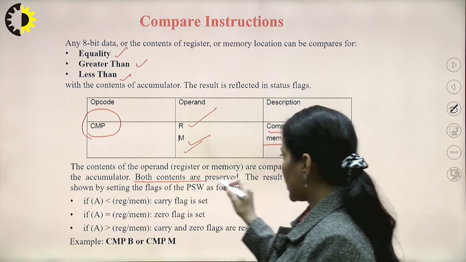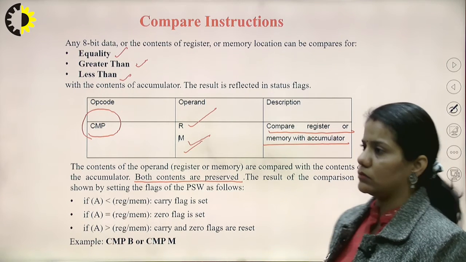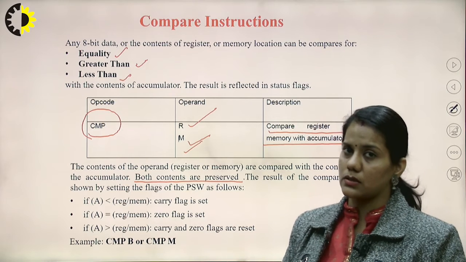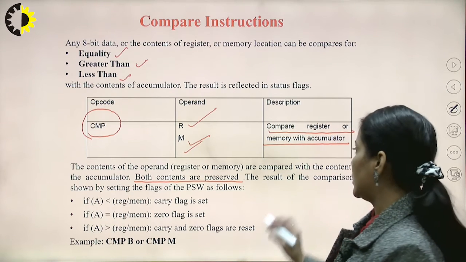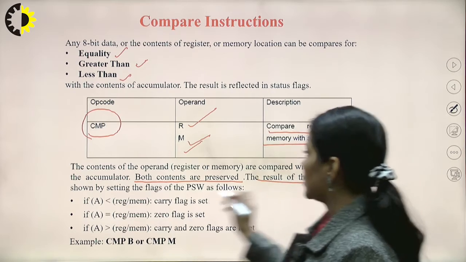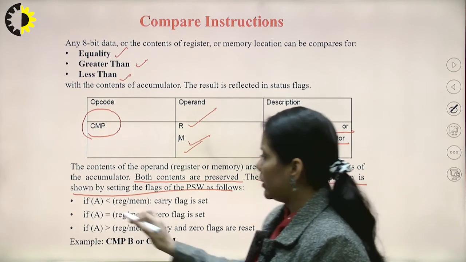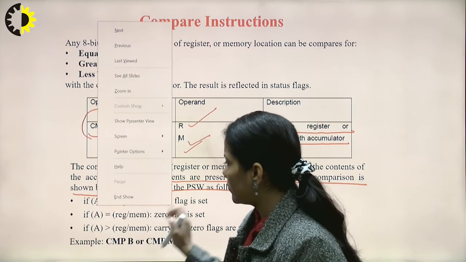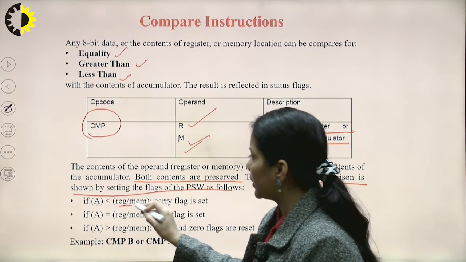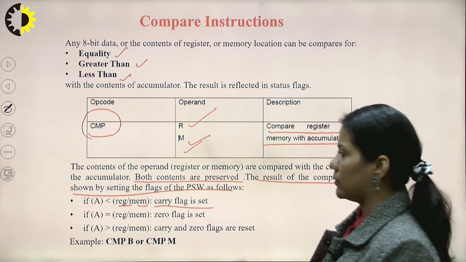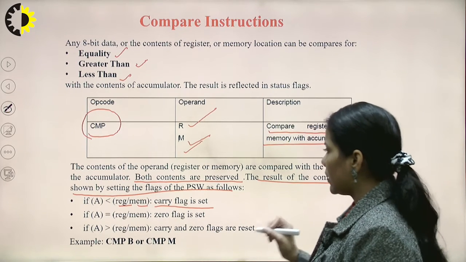Both the contents are preserved. We have to note that no changes are being made. This is only for comparison purposes. The result of the comparison is shown by setting the flags of PSW as follows. If the contents of accumulator are less than the operand content, that is the register or the memory, the carry flag is set.